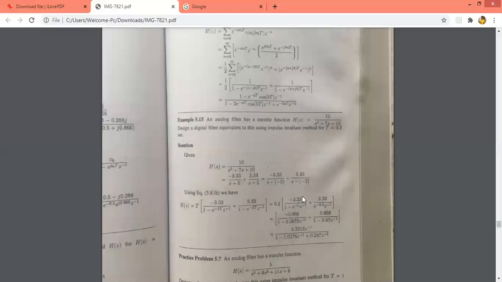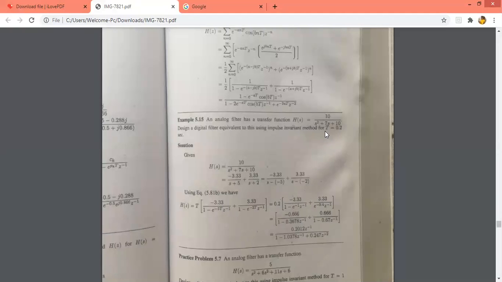See s plus 5, that is s minus of minus 5 will be replaced with 1 minus e power minus 5T z inverse. Okay, here also s minus pk will be replaced with 1 minus e power pkT z inverse. Here pk is minus 2, no, that is why we are substituting minus 2. Okay, so similarly we have to simplify this.